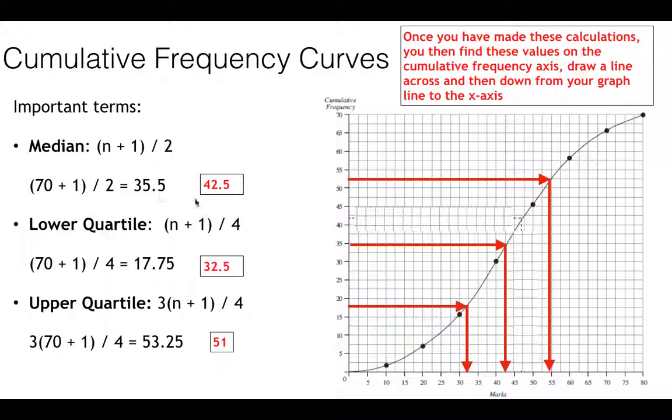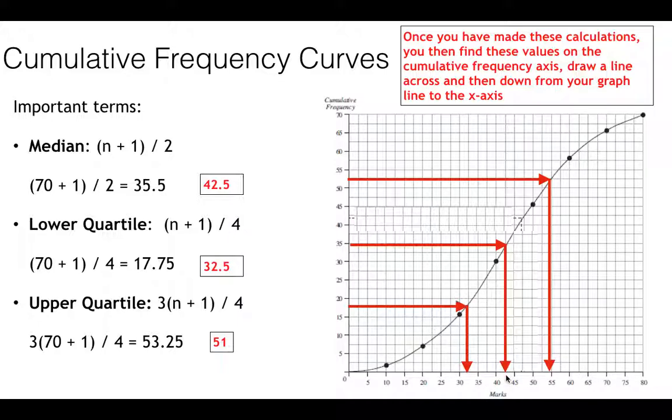So then I look along my cumulative frequency axis for about 35.5, and I follow that line across until it reaches my graph line. I then follow it down to the bottom axis, and it will tell me which mark is the median mark.